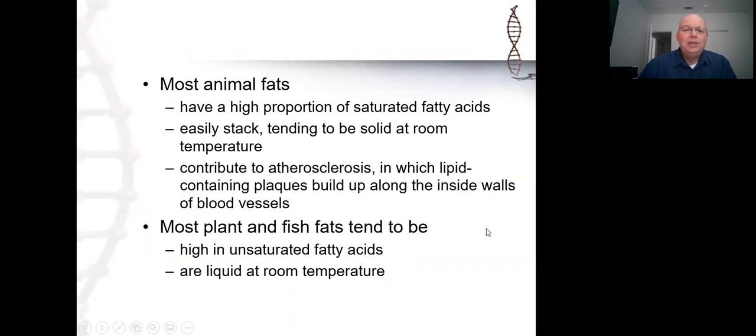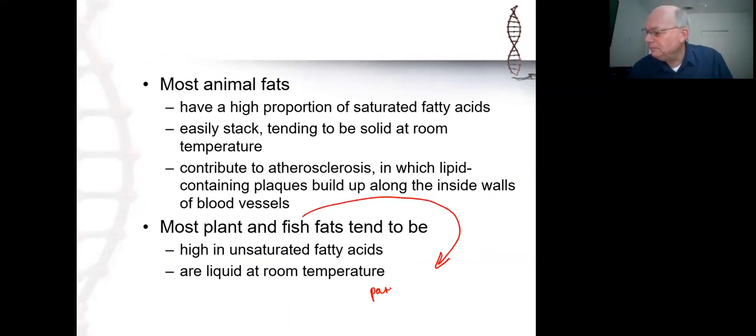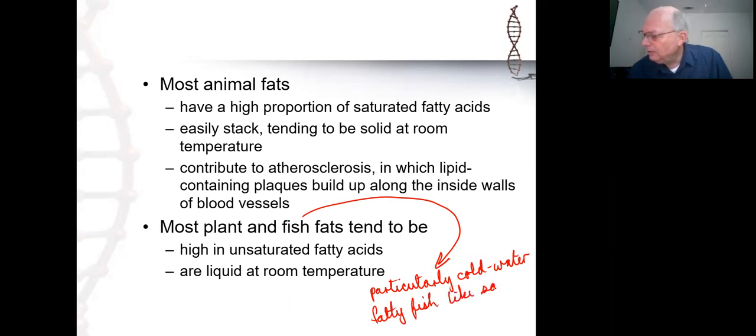Unsaturated fats tend to be found in plants, but also in, and I'm going to put an arrow here, particularly cold water, fatty fish, like salmon and tuna.